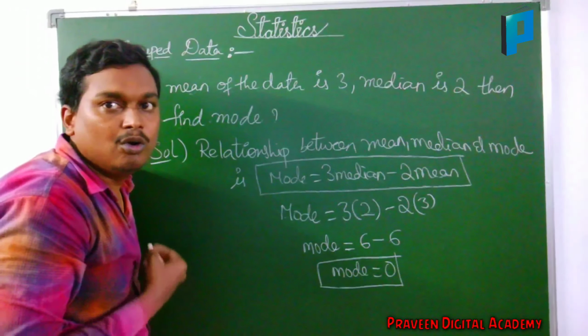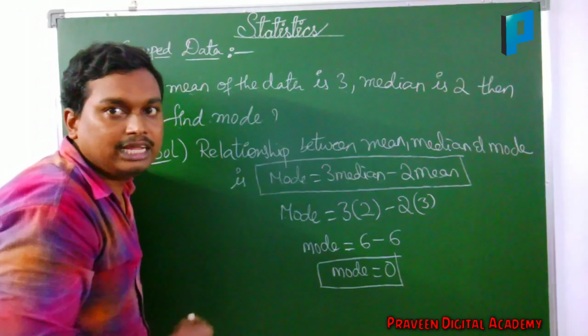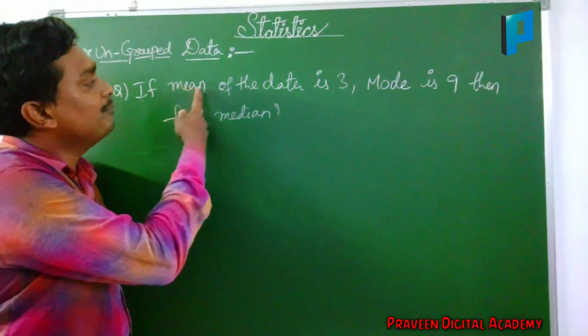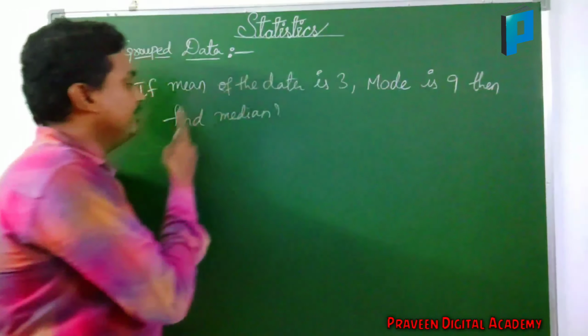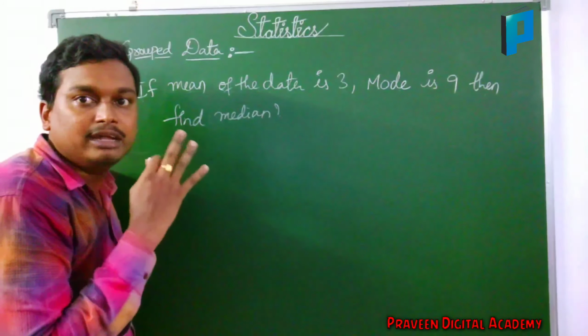Now let us go for one more question to understand very clearly. In this question, they are saying if mean of the data is 3, mode is 9, then find median. Here we are having mean, median, mode.